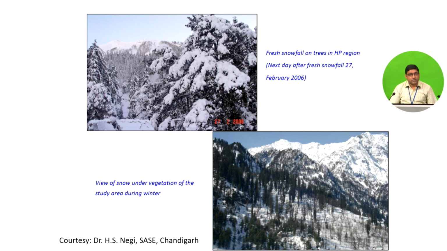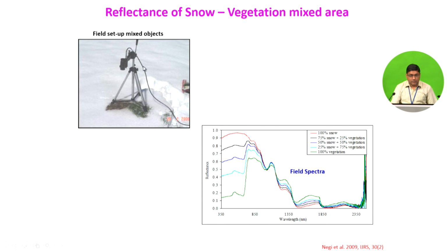Whenever snowfall occurs, it will not have a plain or smooth surface, there may be vegetation. So we have to have field spectra of snow and vegetation mixed areas. In this setup, you can see how the field spectra has been collected for the snow and vegetation mixed area.